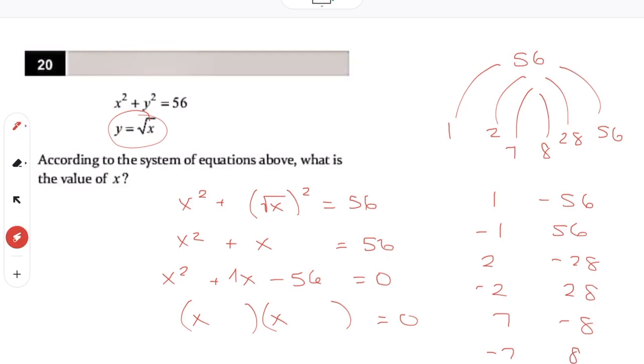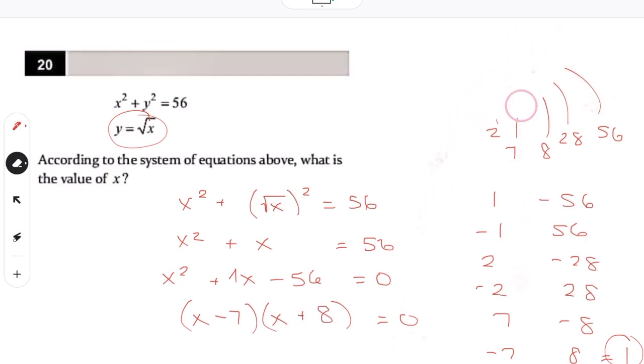Now, which one of these will add up to get positive 1? This one, this one, this one, this one, this one, or this one? I can see that this one, when you add negative 7 and 8, we get positive 1. So we can plug this in, negative 7 and 8, and that should be our solution.